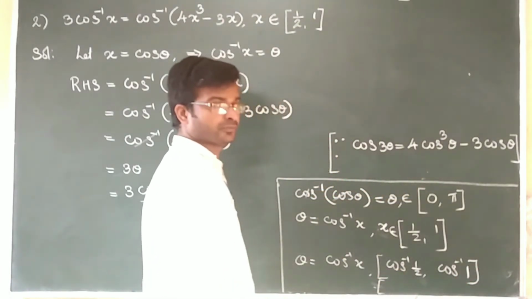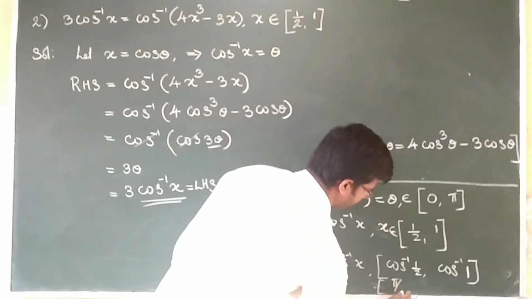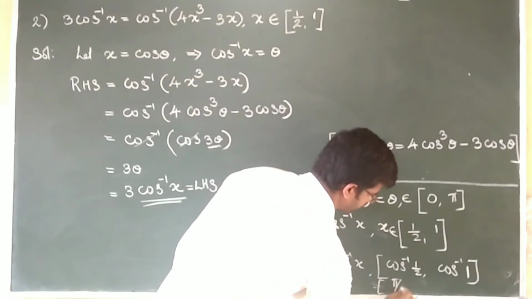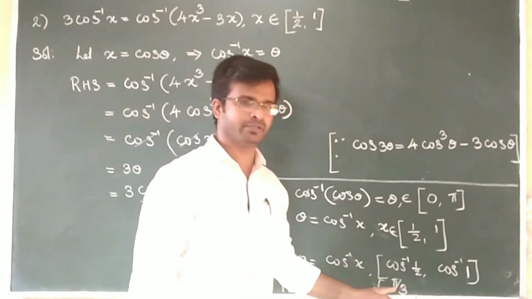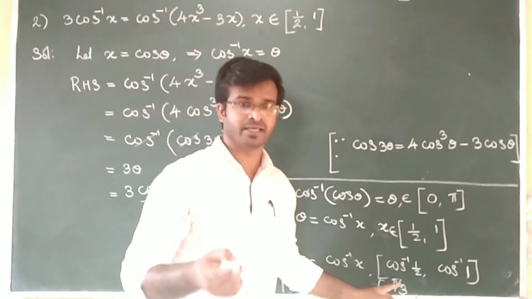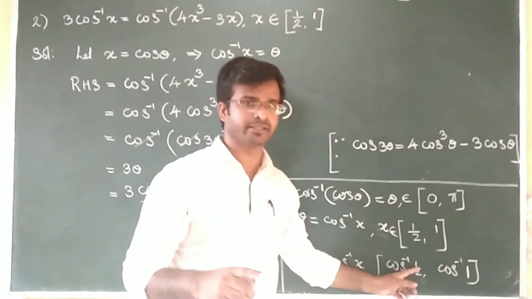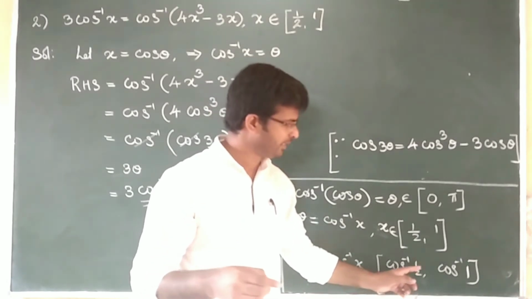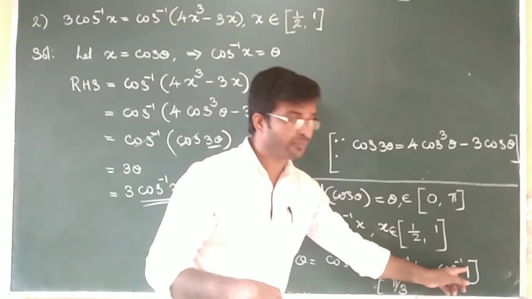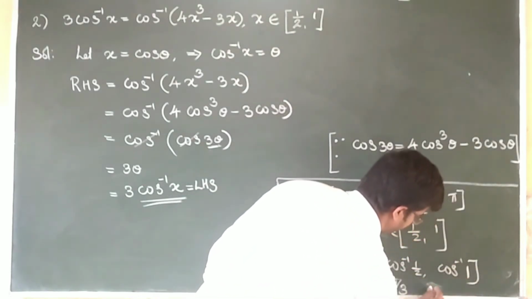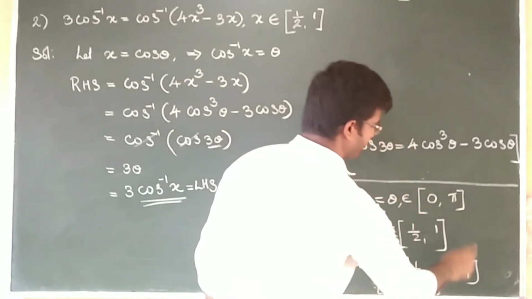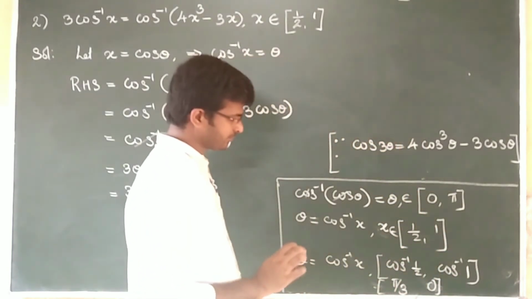Cos inverse 1 by 2 will be pi by 3. Pi by 3 means 60. Cos 60 is 1 by 2, isn't it? When cos value is 1, that is cos 0. Cos inverse 1 will be 0.